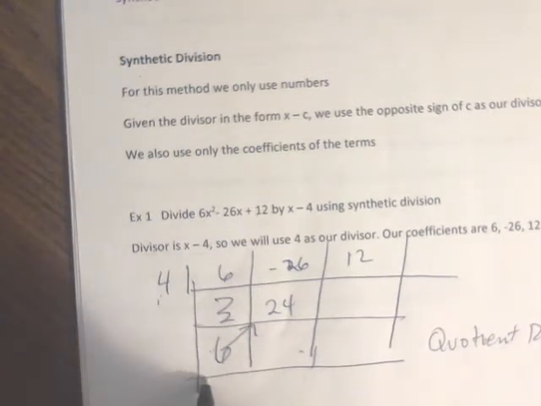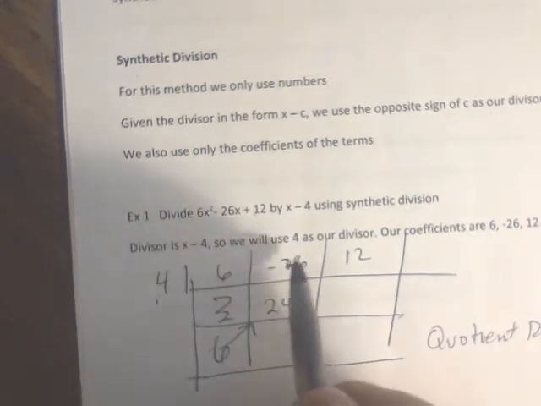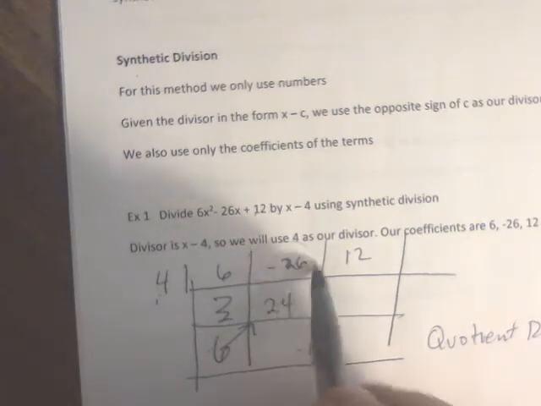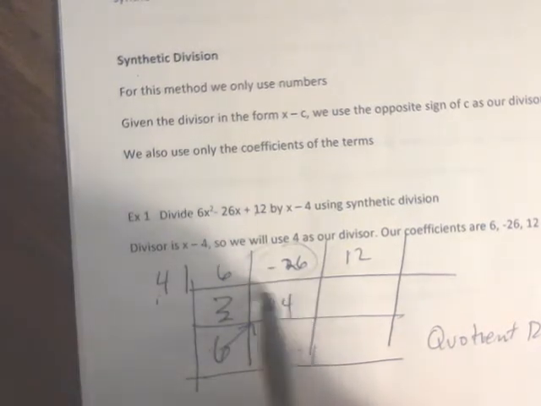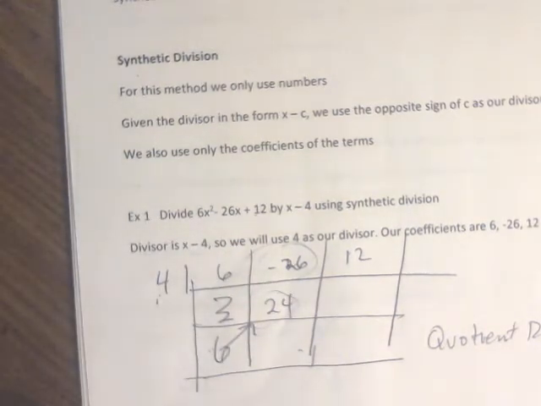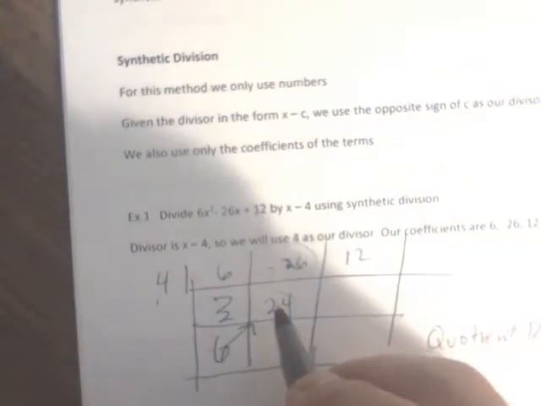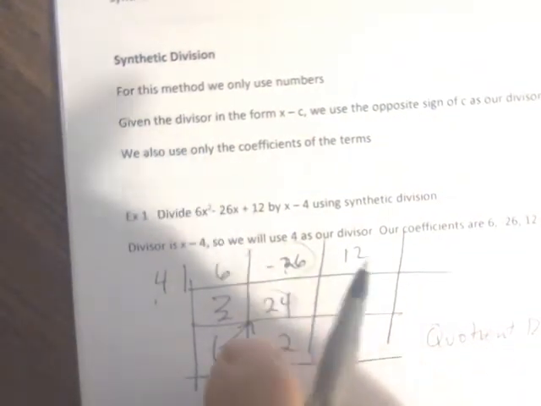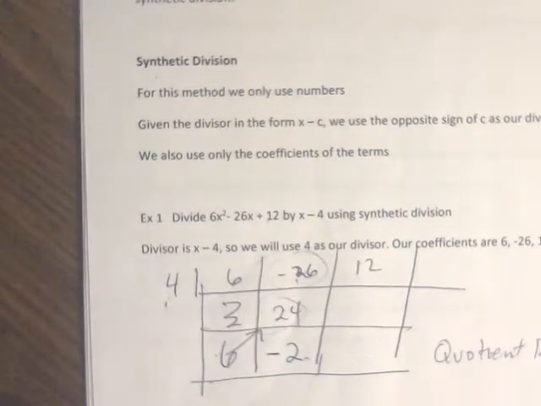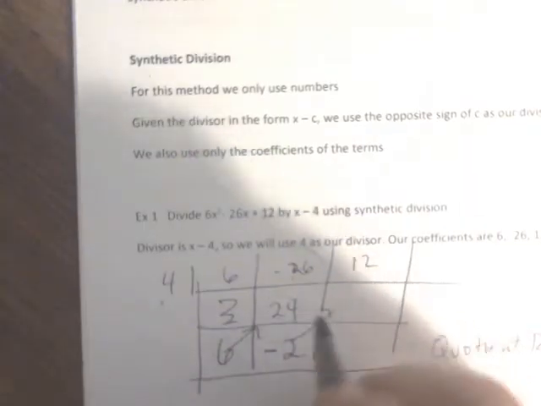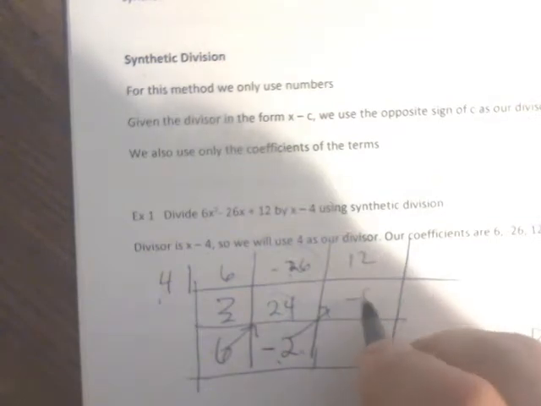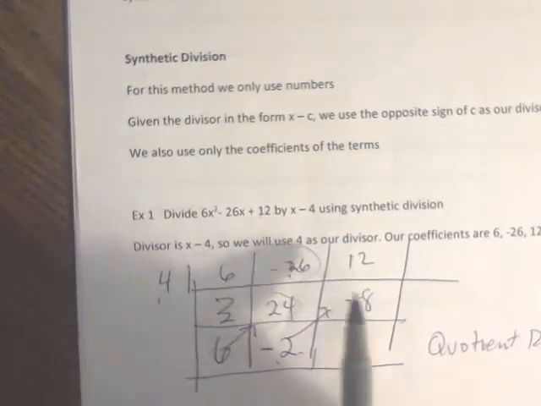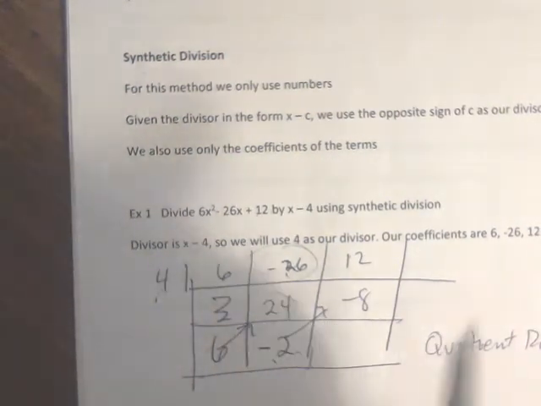So 4 times 6 is 24. Since the 26 is negative and the 24 is positive, I combine like terms, and -26 plus 24 is -2. I repeat the process: 4 times -2 is -8. 12 minus 8 is 4.